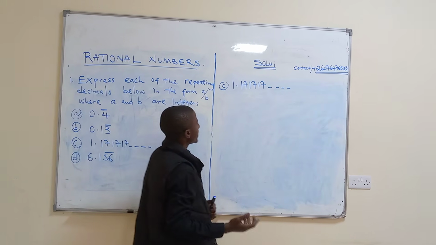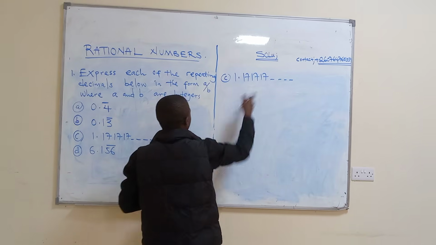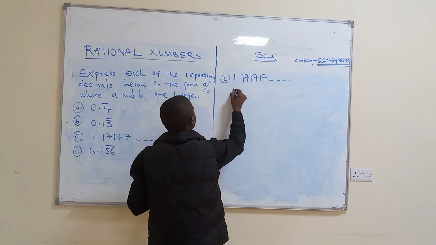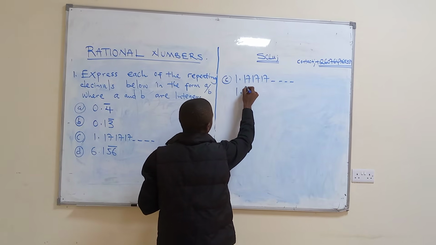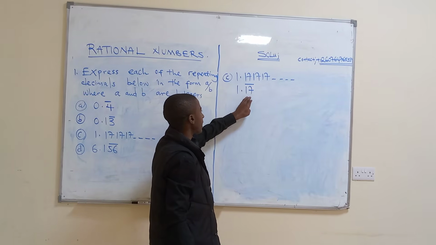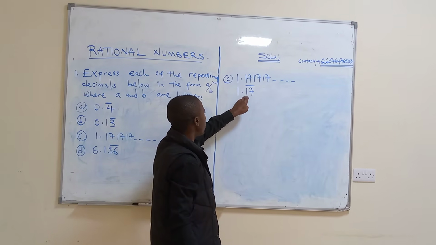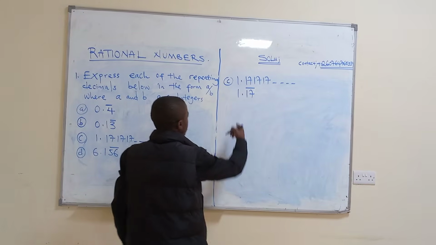We know that the numbers that are repeating are 1, 7, I mean. So I'm going to say 1 point, like that, and then I put a bar. When I put a bar like that, it simply means that these 1 and 7 are repeating themselves.